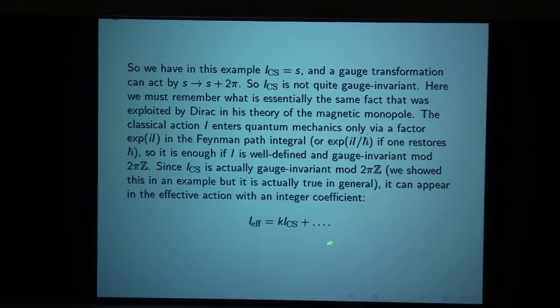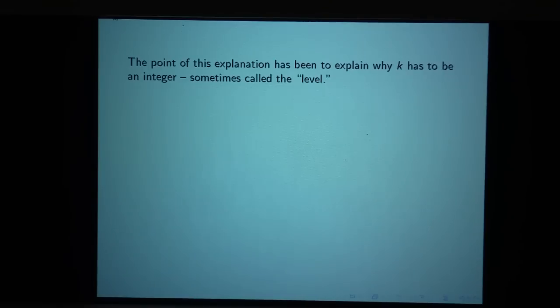And there are all kinds of other terms in the effective action, but they're manifestly gauge invariant. They're physically important, but their coefficients aren't quantized in this way. The Chern-Simons coupling is the one term in the effective action whose coefficient is quantized for a fundamental reason. Now, the point of this explanation has been to explain why k has to be an integer, sometimes called the level.